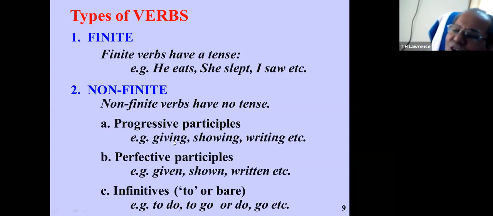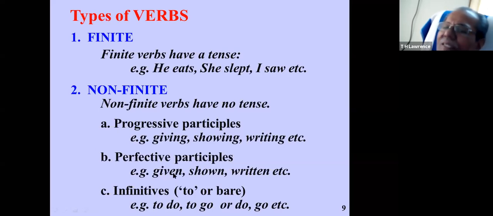Earlier, we used to call giving, showing, writing, etc., present participles. But in modern English, it is not called so. Especially I do not call them so because it's a misnomer. Here also we call them perfective participles; earlier it was past participle. Here it was present participle, here past participle.